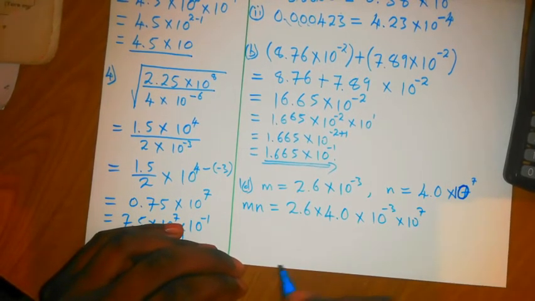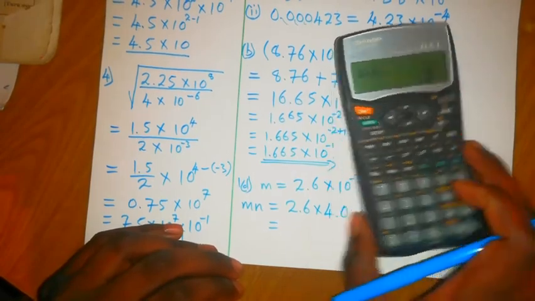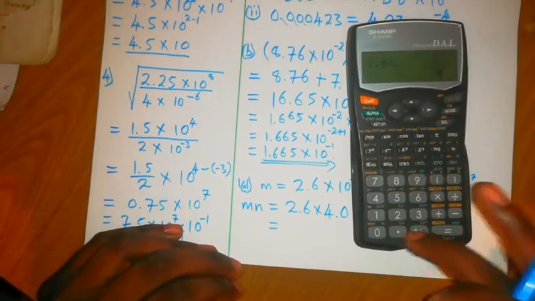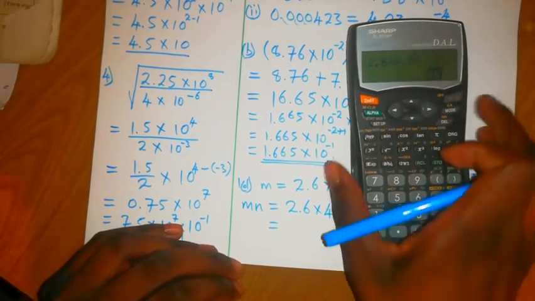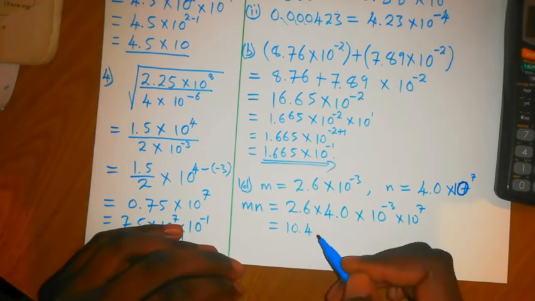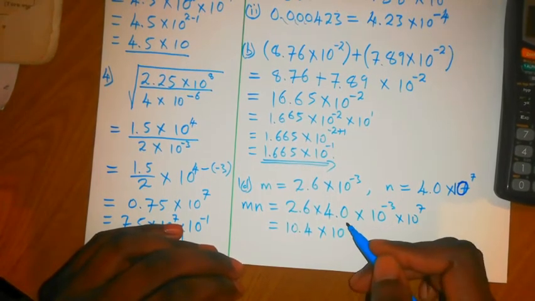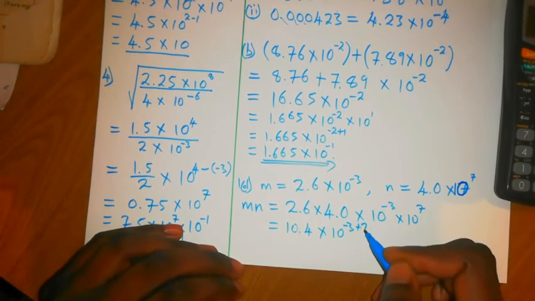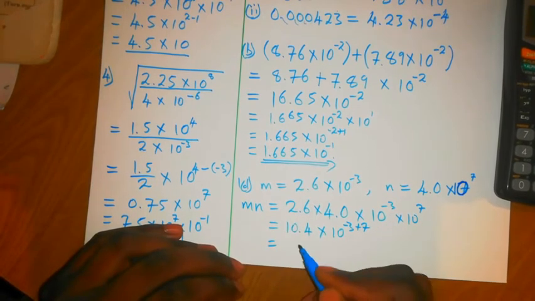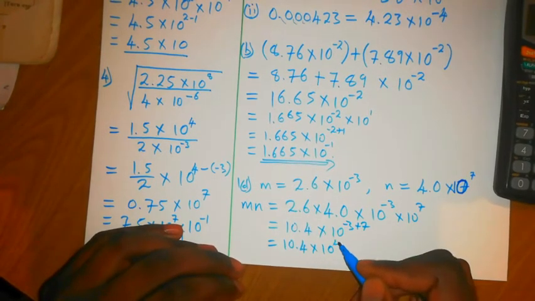2.6 times 4.0 is equal to 10.4. 10.4 times 10 to the power, applying my laws of indices here, negative 3 plus 7, so that's equal to 10.4 times 10 to the power 4.